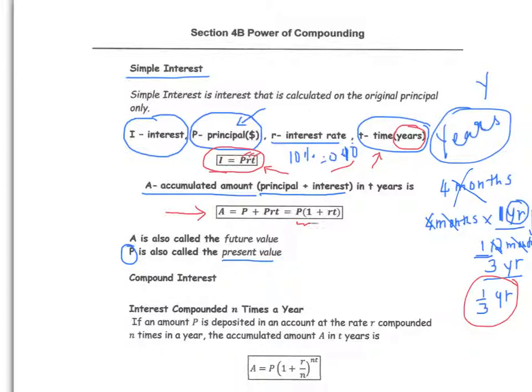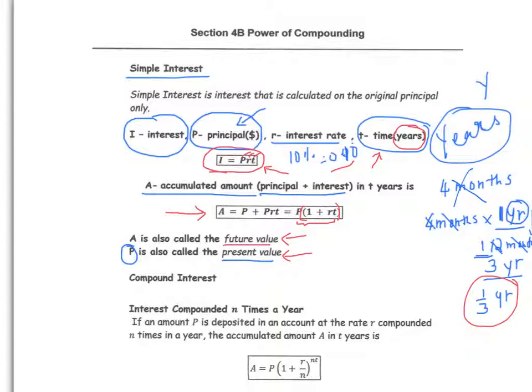So once we factor out P, we get P times 1 plus RT. So just remember that A is called the accumulated amount, which is principal plus interest. It is also called the future value of money because it's different from what we deposit, which is called the principal and also called the present value of money.